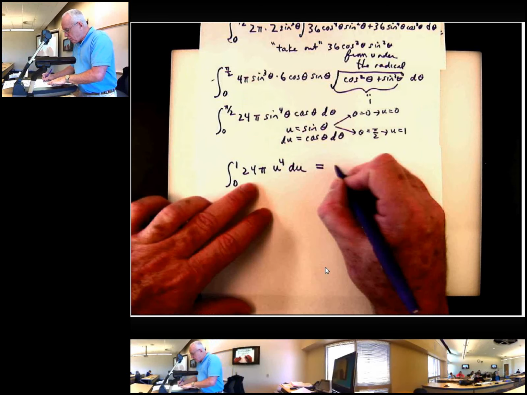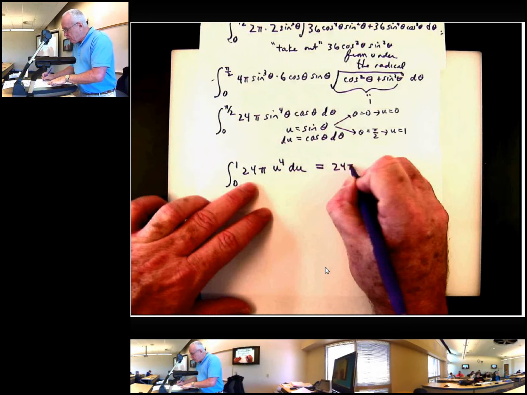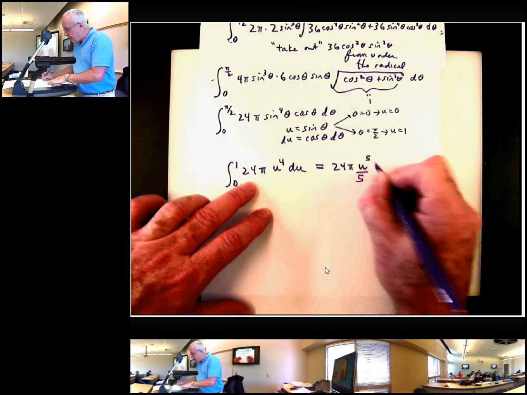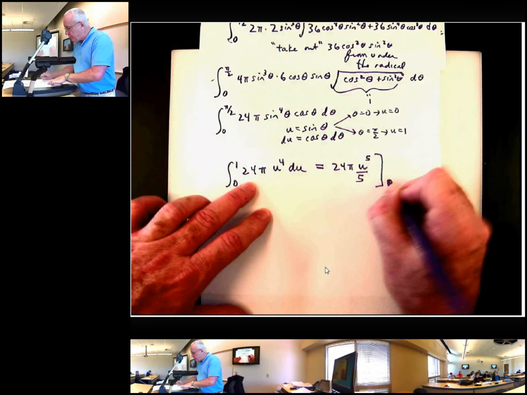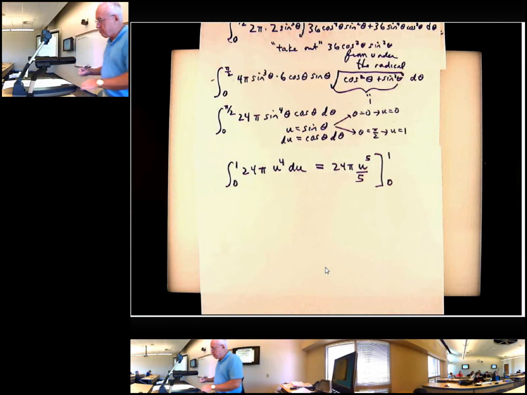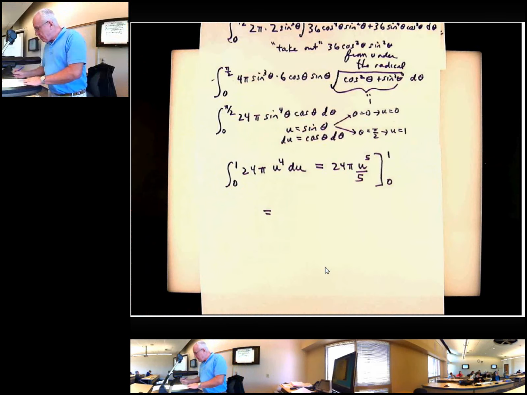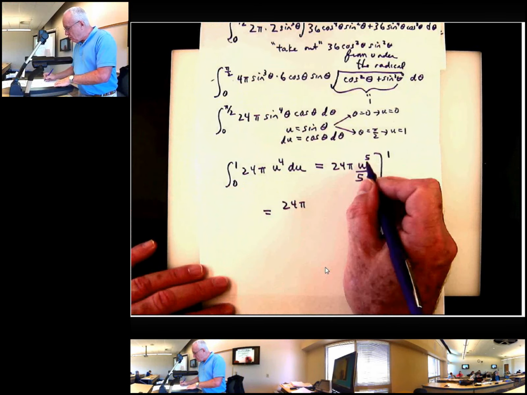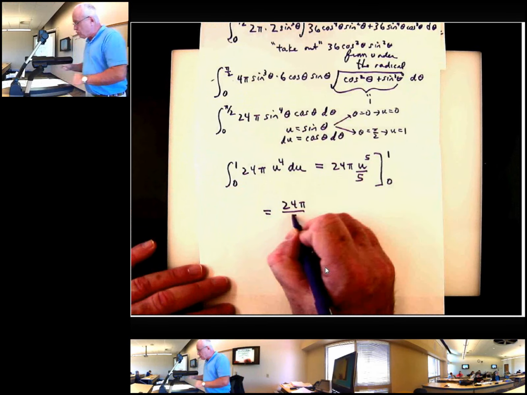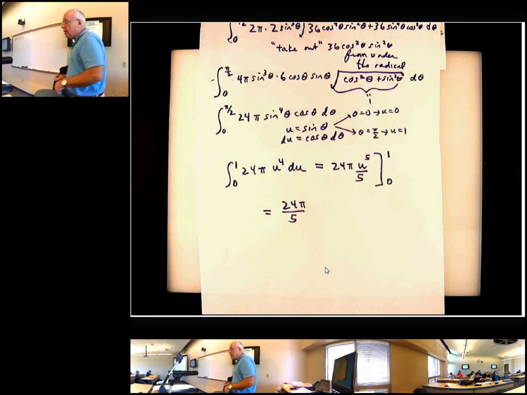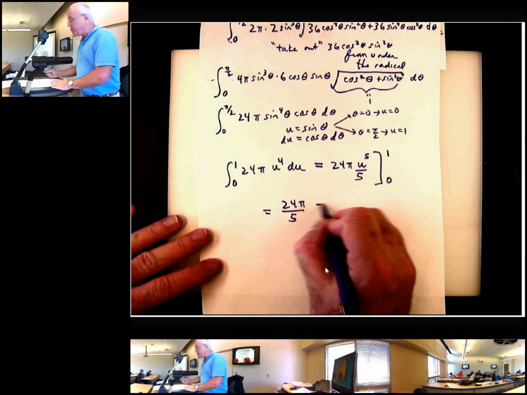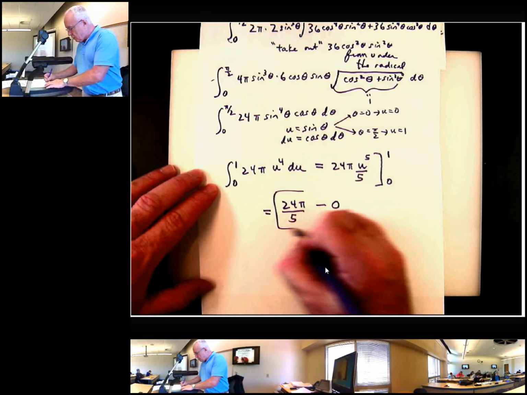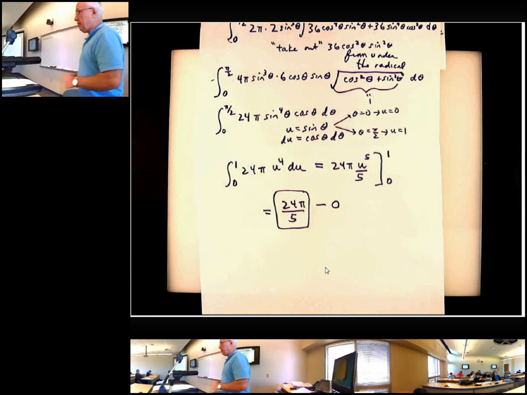So that's going to be 24 pi times u to the 5 divided by 5, integrated from 0 to 1. Okay? And then that's going to be 24 pi times 1 over 5, so I could just write it as 24 pi over 5, and that'll be, of course, minus 0. So this right here would be our surface area then. Okay?